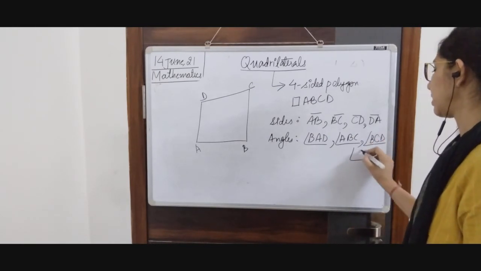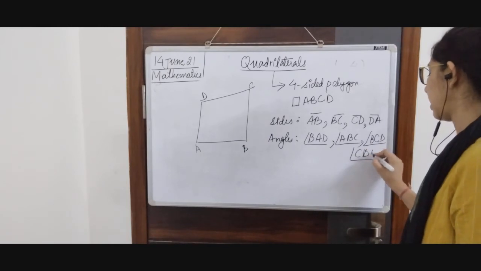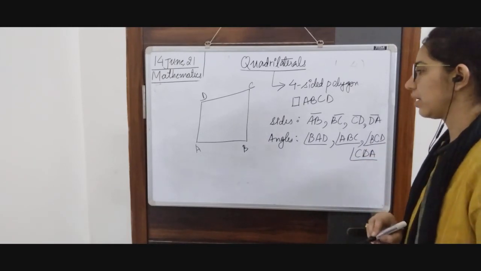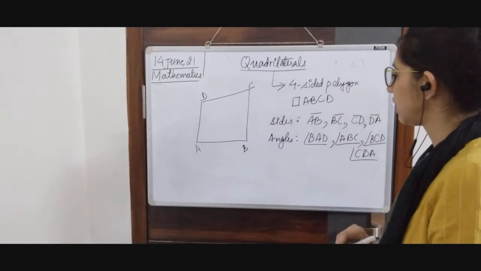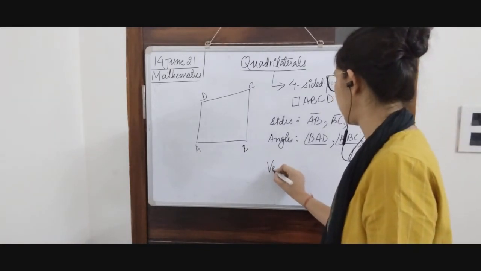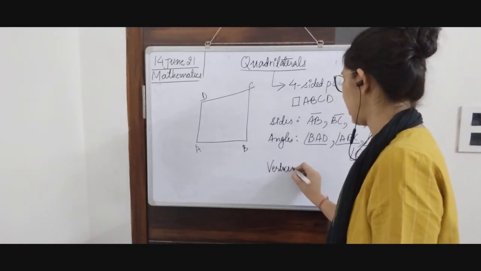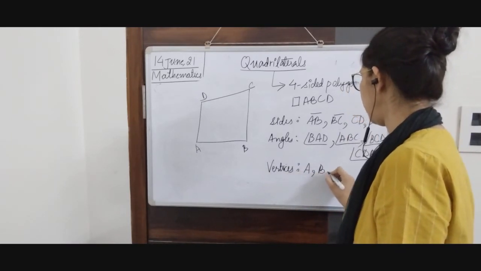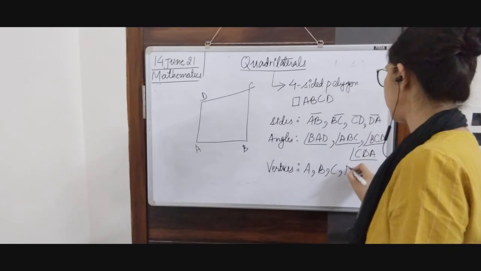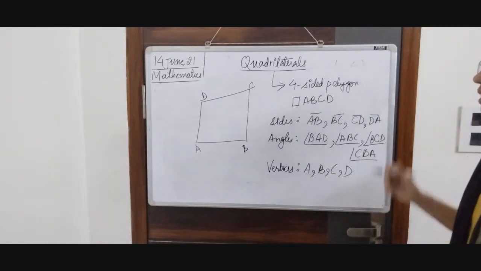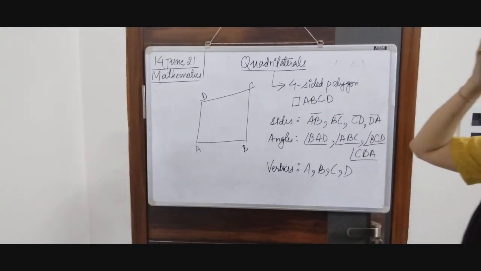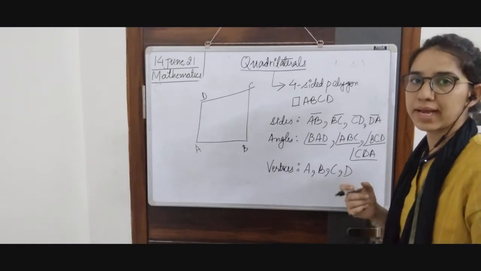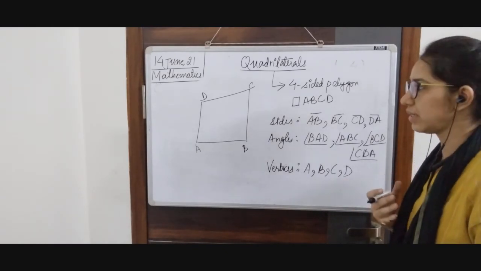Then D as vertex, CDA. Next we have vertices. We have four vertices, A, B, C and D. Next we are going to discuss adjacent sides and adjacent angles.